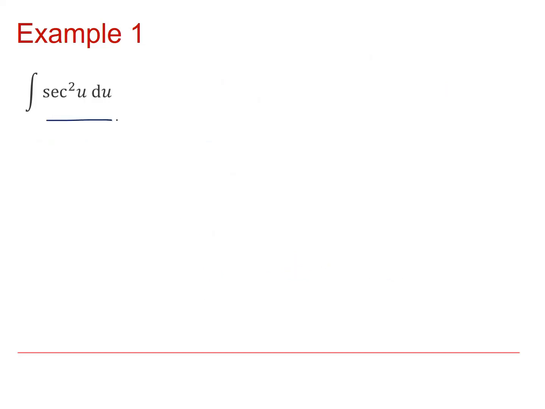Picking up from here then, the integral of sec squared is just tan u plus a constant, which I can rewrite as sine u over cos u plus my constant.